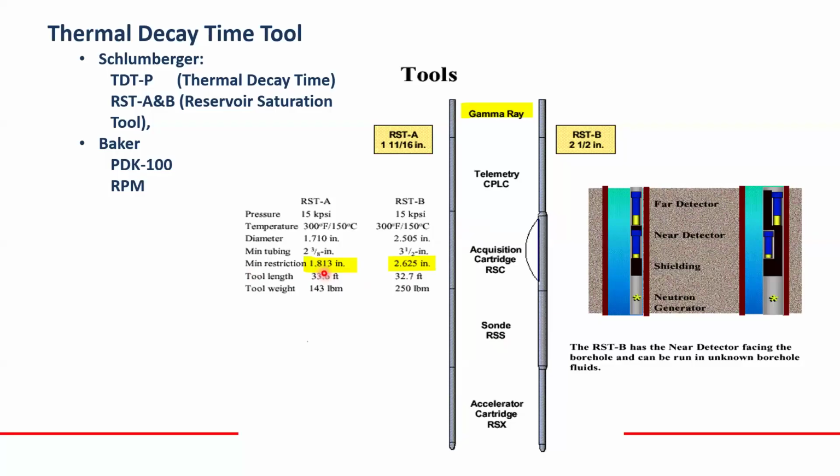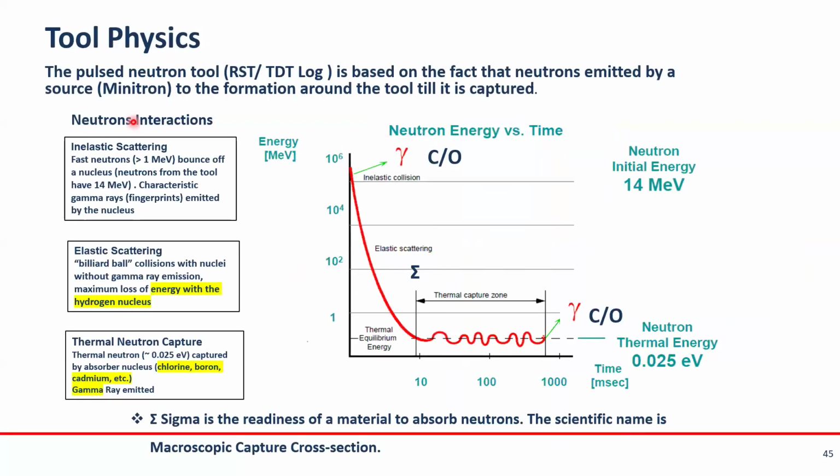The physics of the tool is not that difficult. Pulsed neutron is based on the fact that neutrons are emitted by the source, the minitron, into the formation around the tool until they are captured.